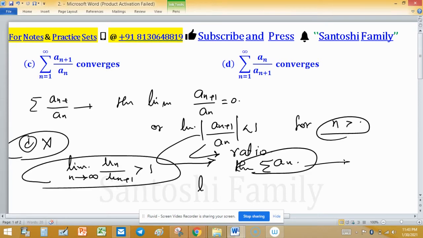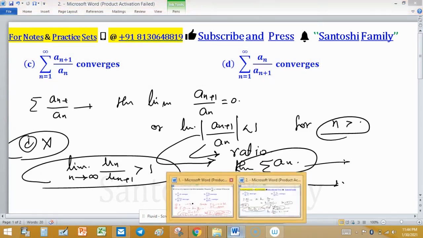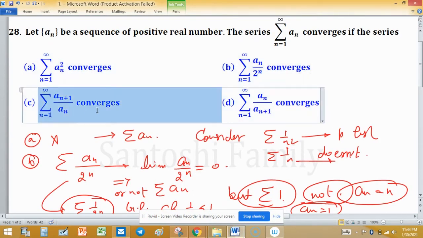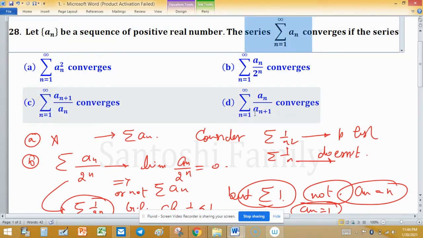If we see the limit of u_n plus 1 in the numerator and u_n in the denominator, then this should be less than 1 for convergence. Otherwise, we have divergence. So option C is true here, meaning if this converges, then the series of a_n also converges.